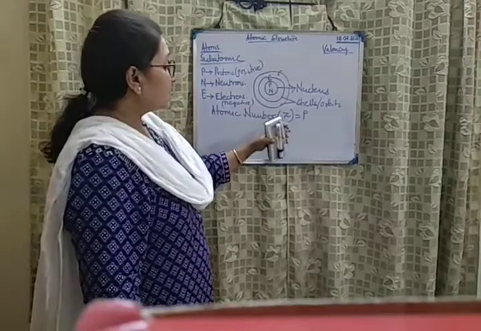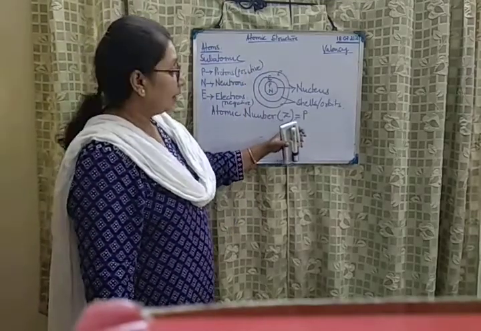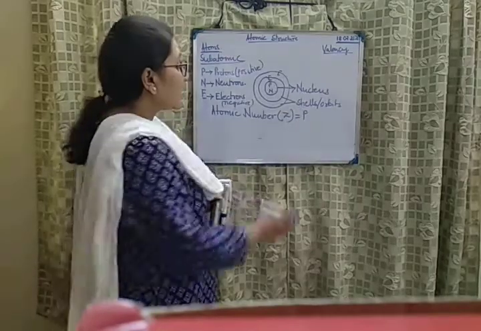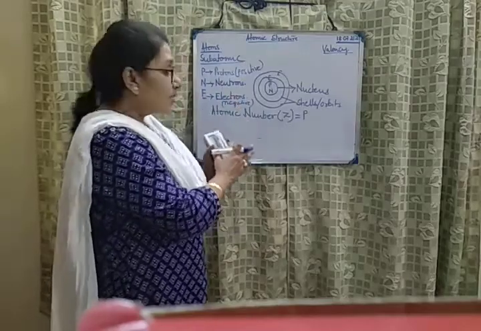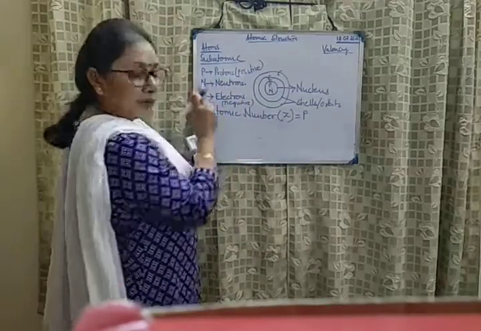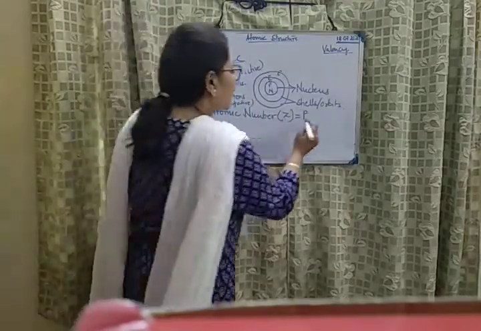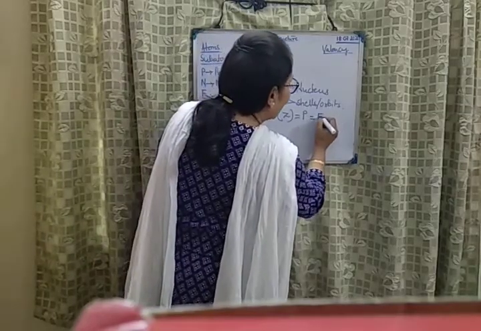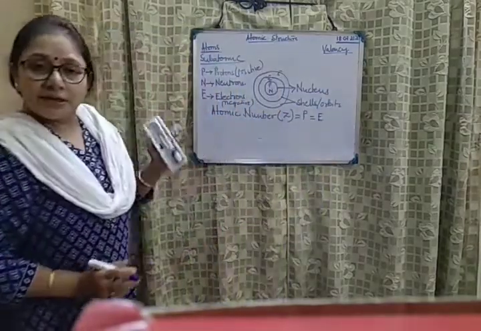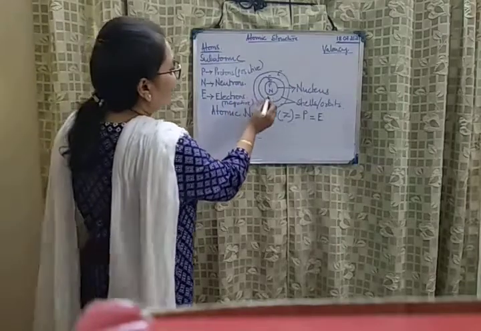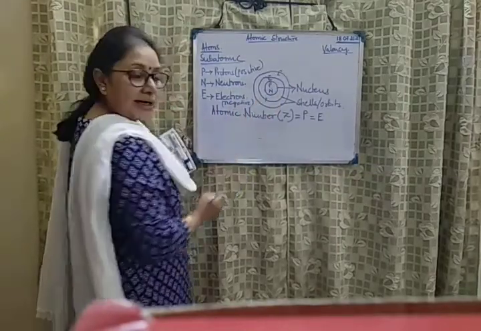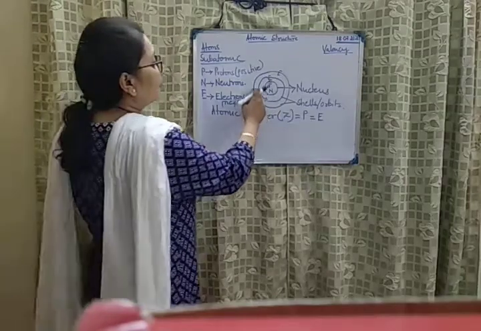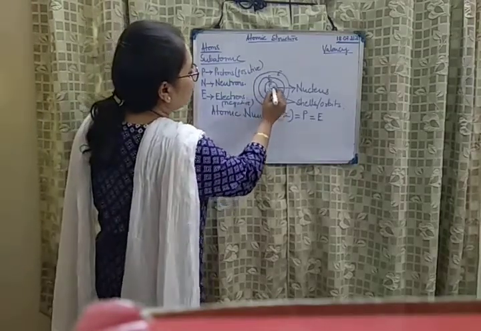Atomic number, represented by the capital letter Z, is equal to the number of protons, and if this atom is neutral, that is, the number of positive charges is balanced by the number of negative charges, then this is also equal to the number of electrons. Now it is seen that shell number 1, immediately after the nucleus, has a capacity to hold a maximum of 2 electrons.